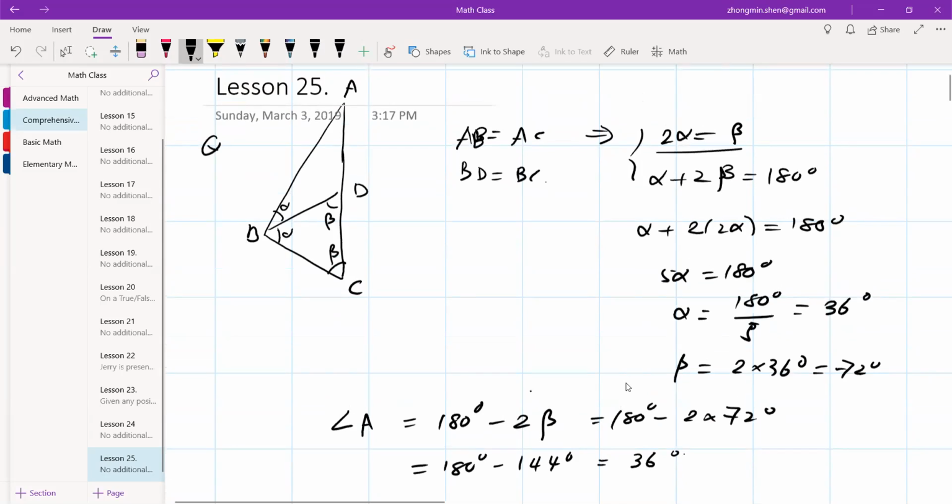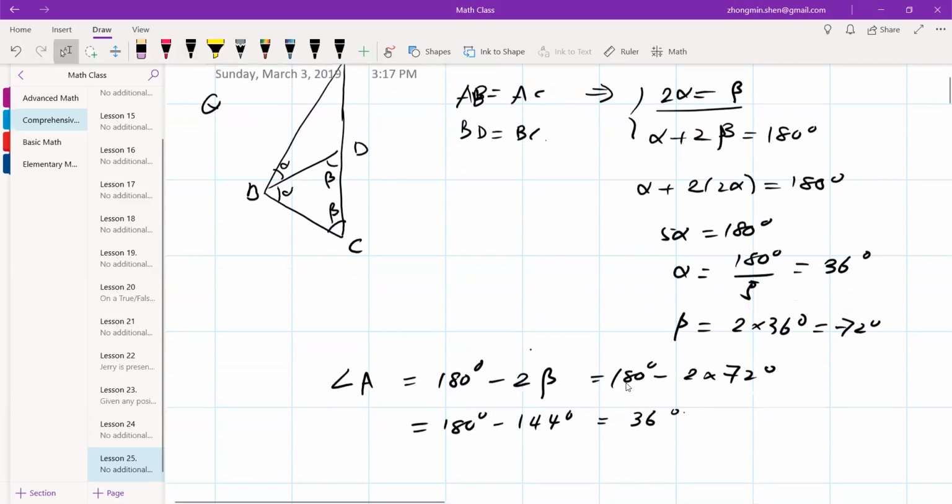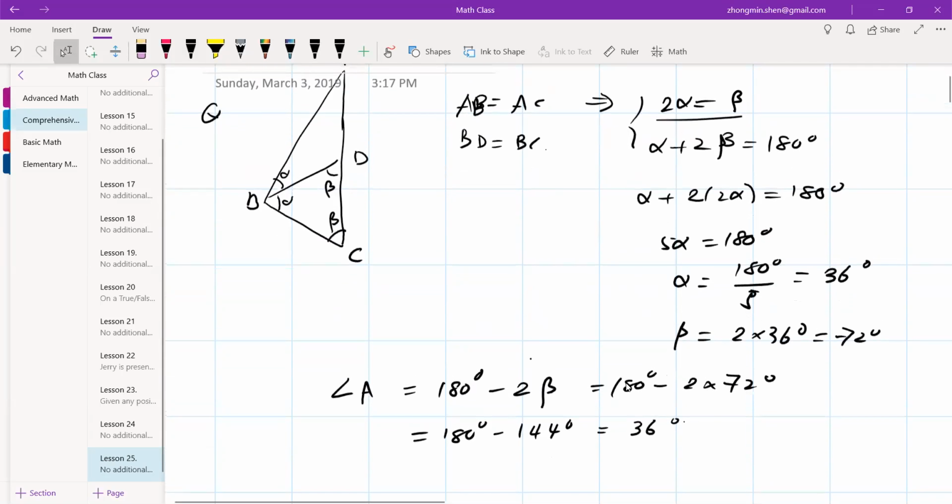Then you can apply the sum of the interior angles is 180 degrees. So then you get these two equations. Just solve it. Once you get alpha, then you can get beta.